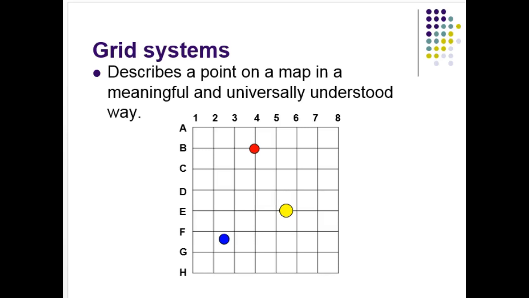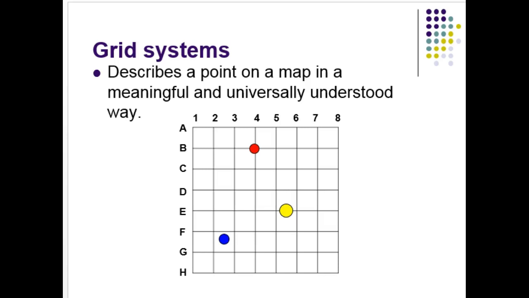So a grid system is one that has 2 axes, a vertical axis and a horizontal axis, just like you see here. And you have to establish meaningful nomenclature for this axis. In the case of our image that you see here, we've got a red dot, and we can all agree that the dot lies at B4 and understand that.